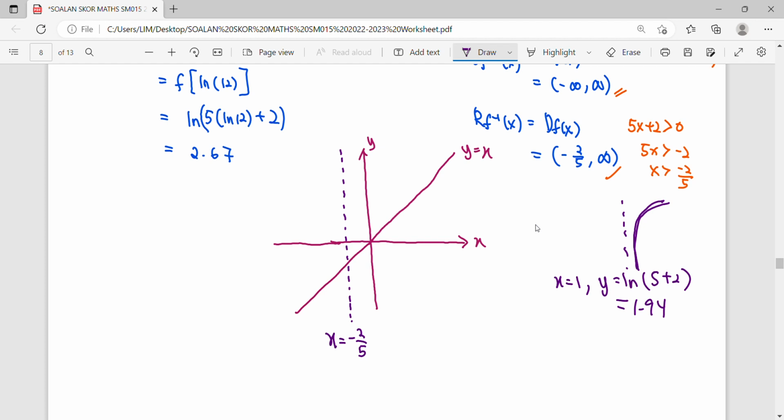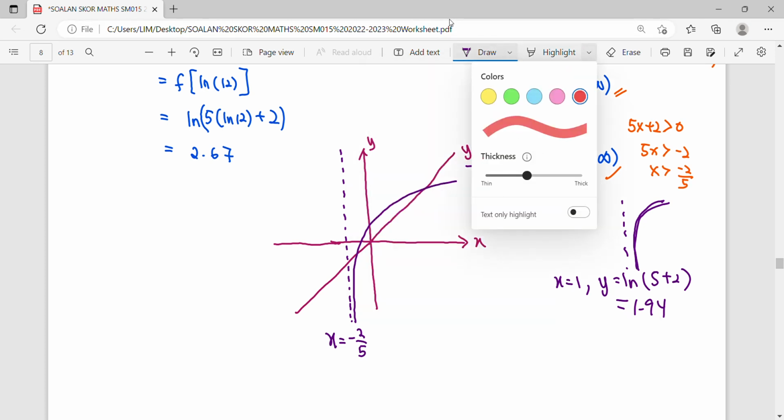To understand this, when x equals 1, at your refraction axis it is supposed to be 1 because y equals x. But your graph is beyond your refraction axis. 1.9 something means your graph is above your refraction axis. So your graph is going to shoot up above your refraction axis.